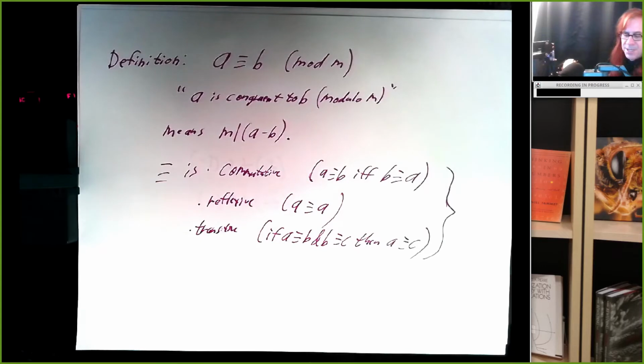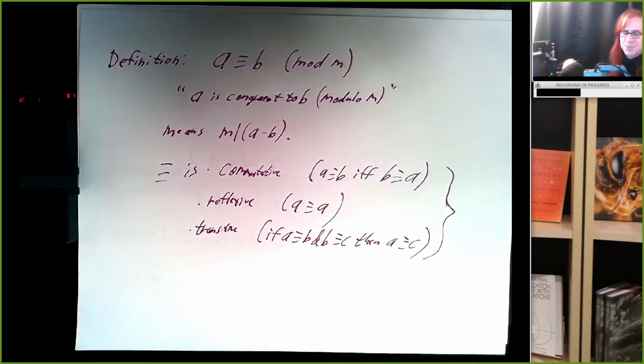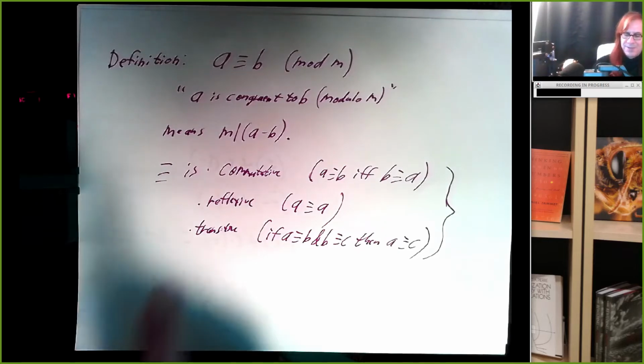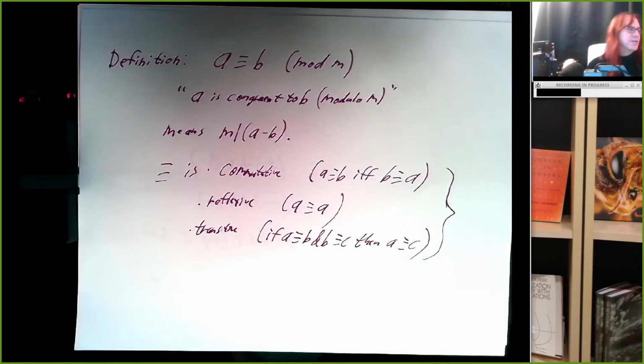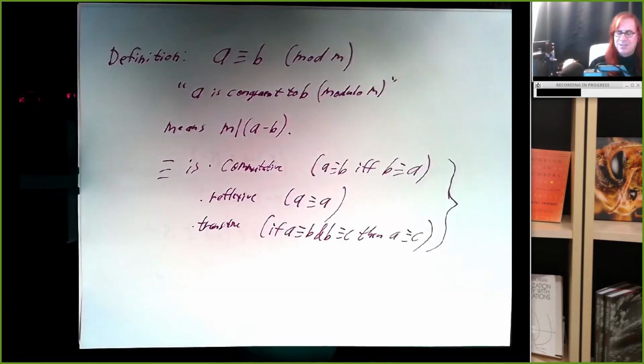But we're just gonna take comfort in these properties of congruence modulo m. But I want to point out that this looks a lot like plain old equality of numbers. If we just think of a double equal sign comparing integers, well, if a equals b, b equals a, we know that. And every number is equal to itself, we know that. And if a equals b and b equals c, a equals c, we know that too.